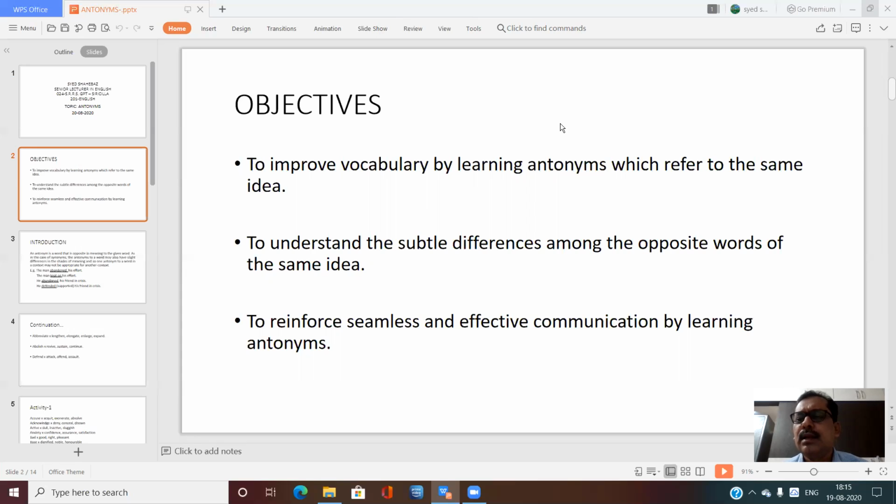By learning antonyms also, we can promote effective communication and fluency by improving one's vocabulary in terms of synonyms and antonyms. These are the broad main objectives of the lesson.